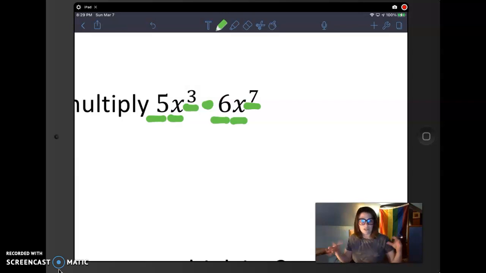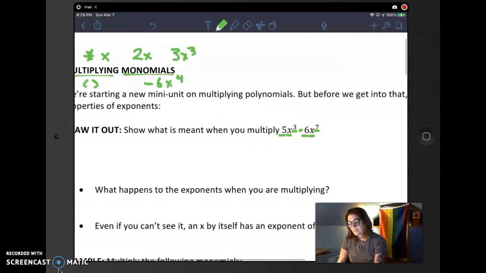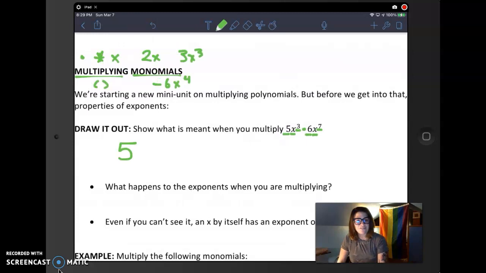What does this all mean? Let's break it down. The big 5, the first thing that you see there, means 5. Now remember, whenever you have a number and a letter right next to each other, like 2x, for example, there's secret multiplication going on between those two things. So it's actually 5 times x.